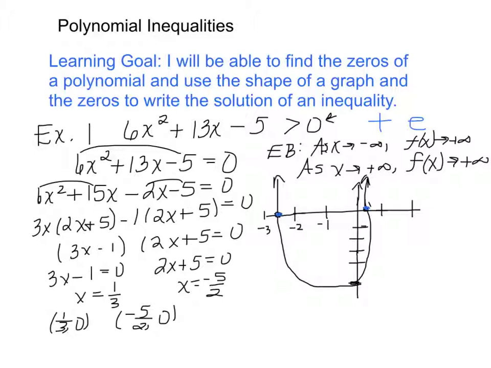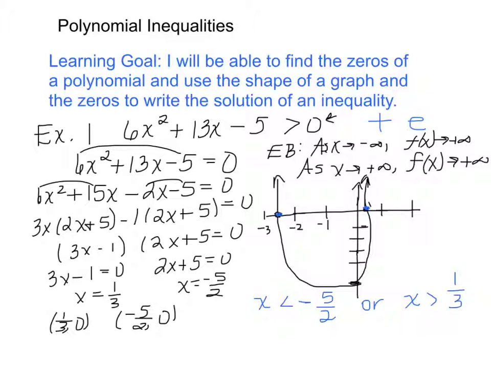That means that the only places where your y values are greater than 0 would be all your x values smaller than negative 5/2, or all your x values greater than 1/3.